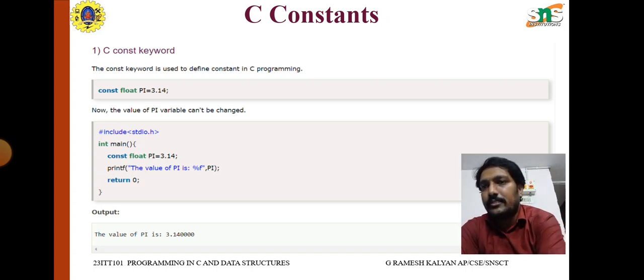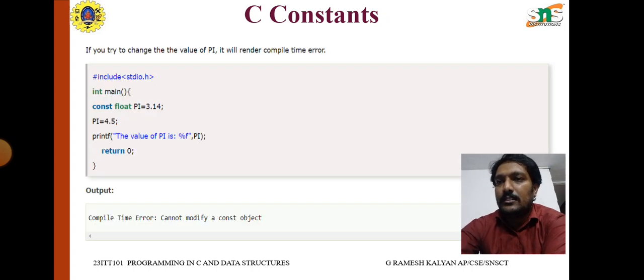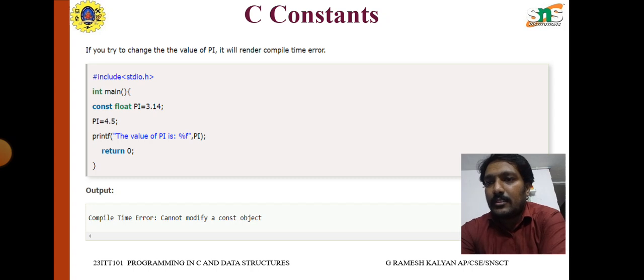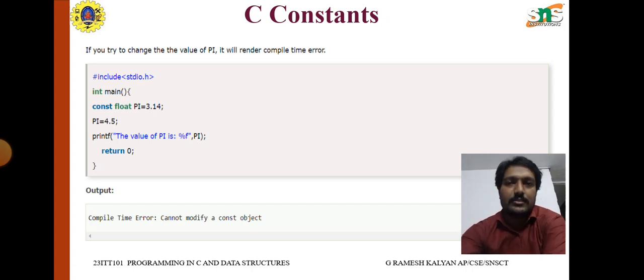This defines the constant using the const keyword. This program shows a compile time error, as we cannot modify a constant object, because as we saw previously, a constant variable does not change until the end of the execution process.